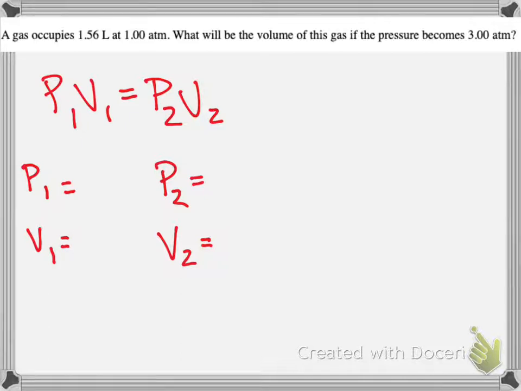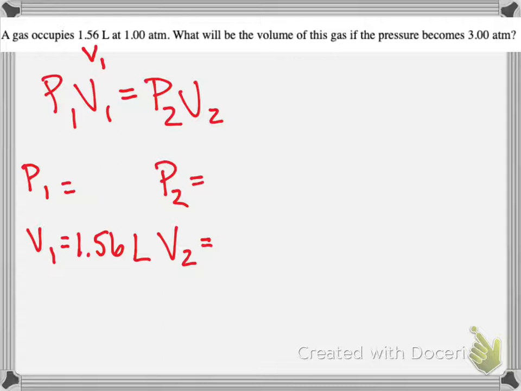So this right here is a volume. And since it's the first volume we see, and we can assume that that's the initial volume, let's go ahead and call this V1. So V1 is equal to 1.56 liters.